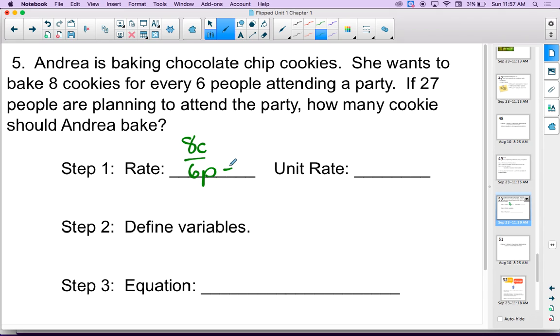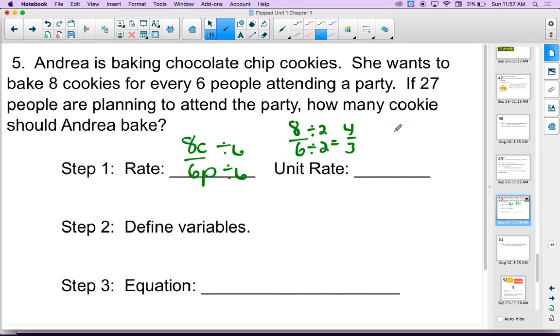Okay, so when I divide by 6 and divide by 6 to change this to a unit rate, 8 divided by 6 gets me 8/6. And if I simplify that, I get 4/3. I could change that to 1 1/3, but I'm going to leave it as an improper fraction.